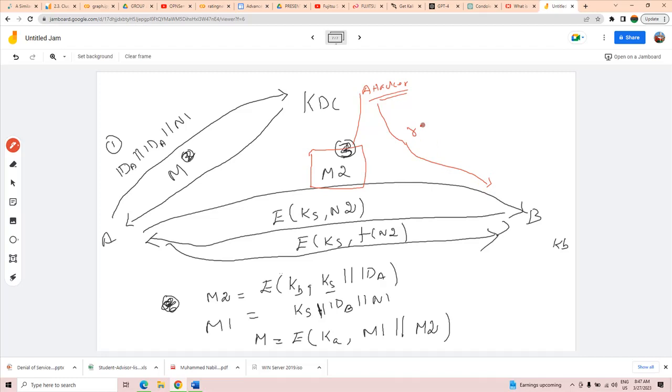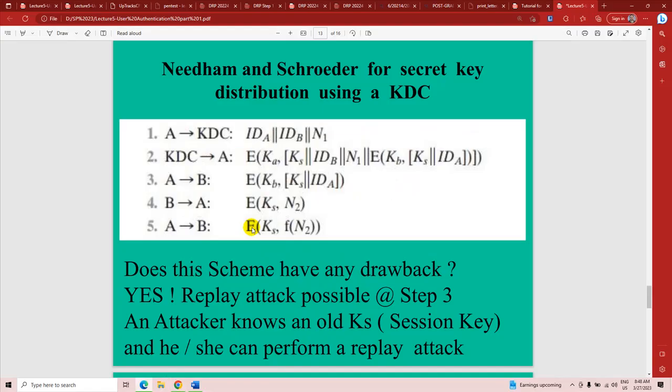He can do a replay attack, and he can communicate with B like A. So he can capture this message M2 and do the replay attack. So how can you overcome this issue?